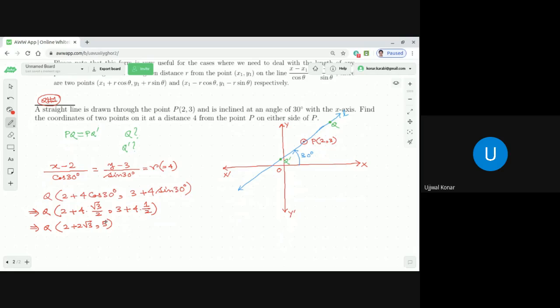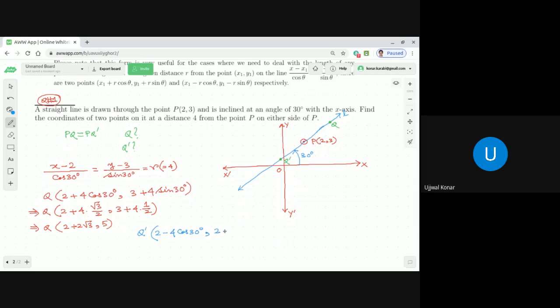Correct? Now let's find the coordinate of the point Q dash. Let me use a different color. The coordinate of the point Q dash should be something like this: 2 minus 4 cos 30 degree, correct, dear students?